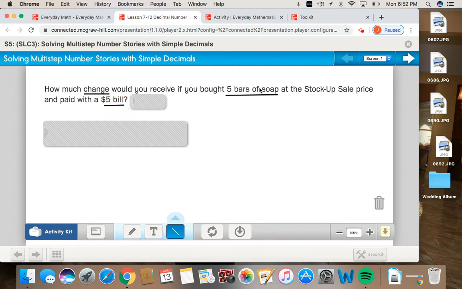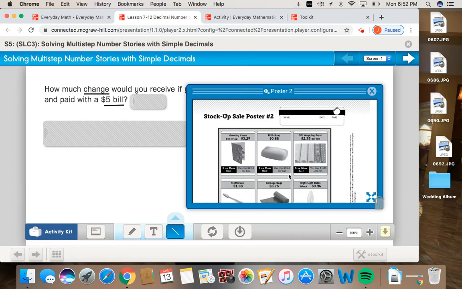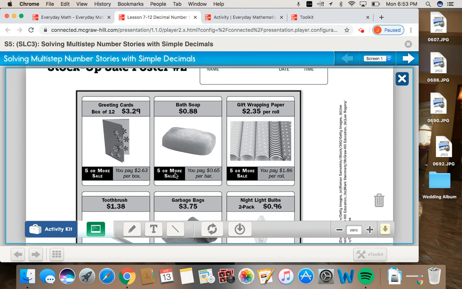So let's find the 5 bars of soap. And I think that was on poster 2. So here's our bars of soap. And if I buy 5 or more, I pay 65 cents per bar. So that's 65 cents.